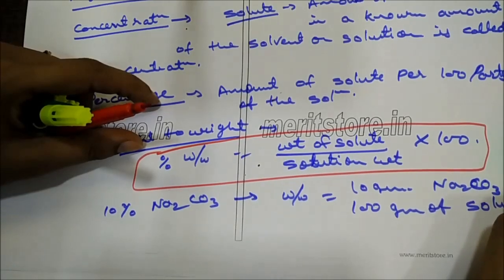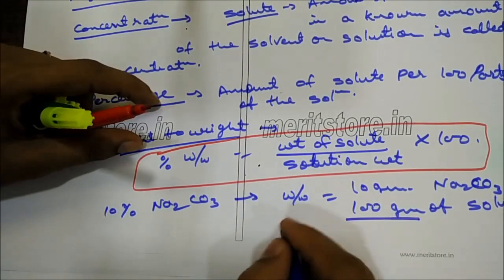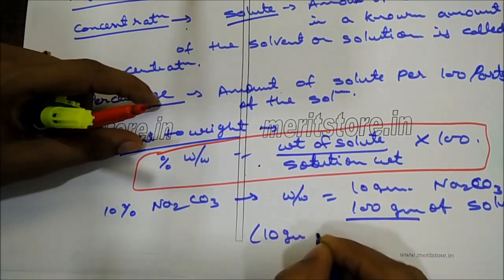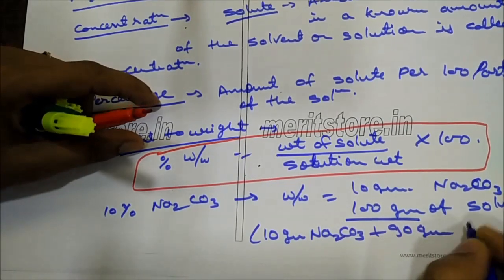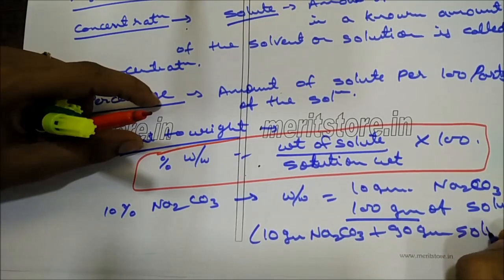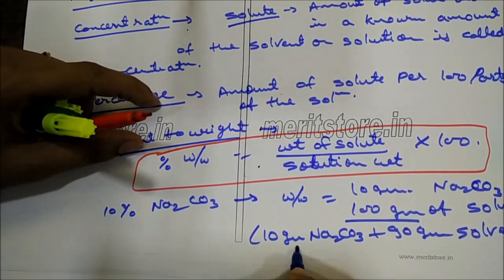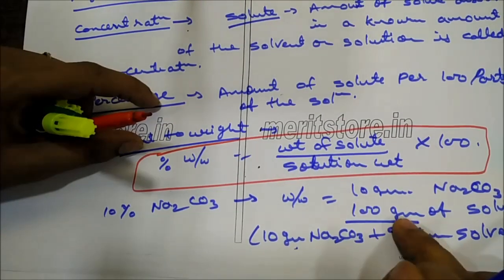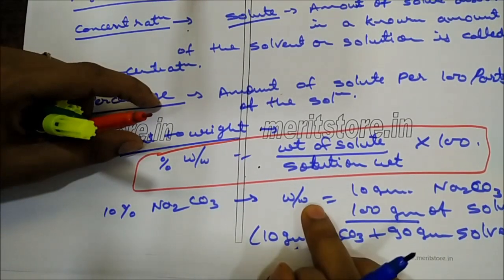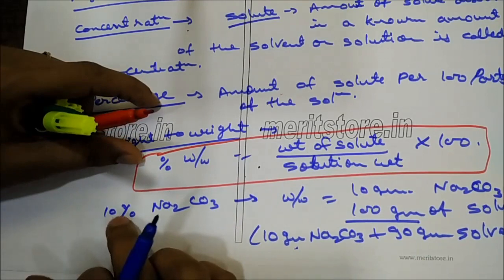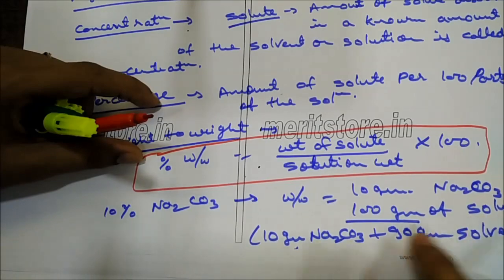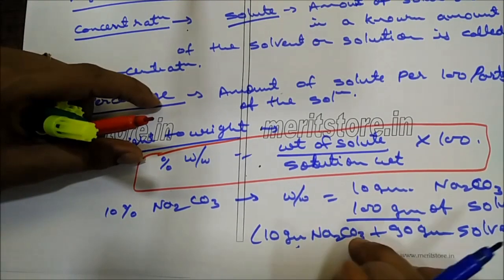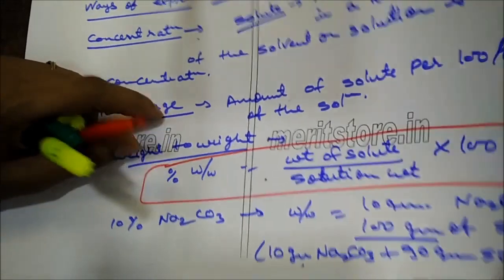This 100 gram is made by 10 gram of Na2CO3 and 90 grams of its solvent. So 10 gram of Na2CO3 and 90 gram of solvent will make 100 gram of solution, and the percentage will be 10%. This is weight to weight percentage.